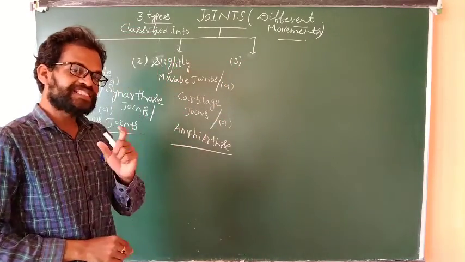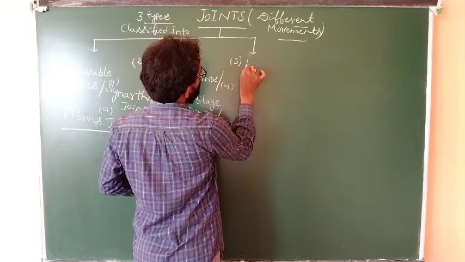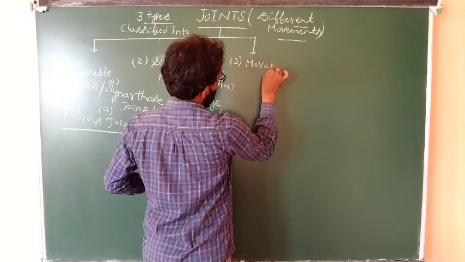Coming to the third classification of the joints. What is the name? It is the movable joints.